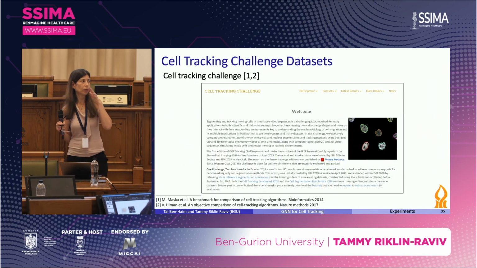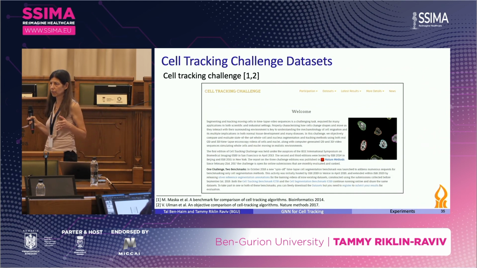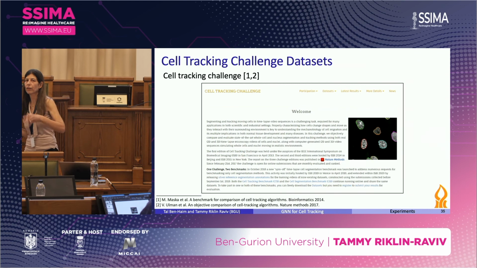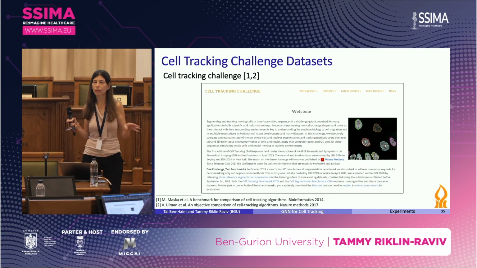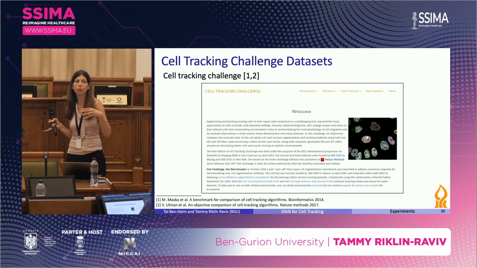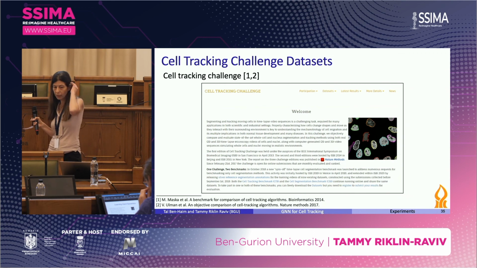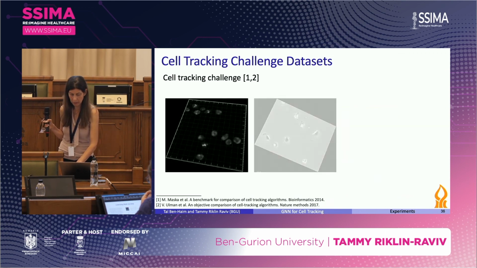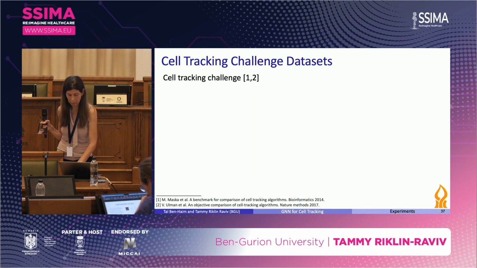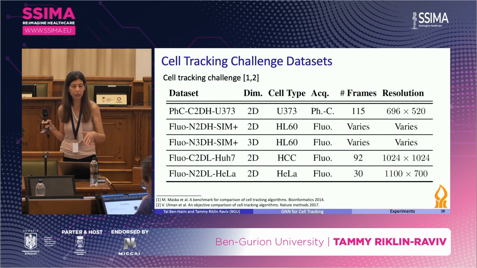Another experiment that we did is that we used the cell tracking challenge data set. So this is a very fair and balanced competition because you can see the ground truth. You actually give your result to the organizer, and they calculate for you the scores. And then you can compare your scores to the others, and everything is publicly published. Here you can see some example of the sequence, and here you can see our scores for different data sets.